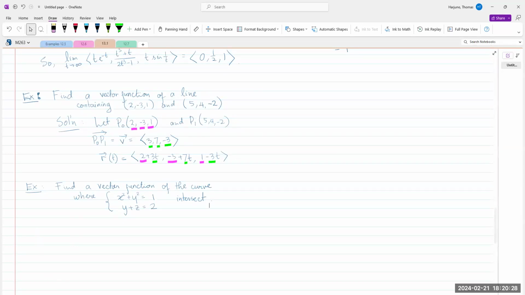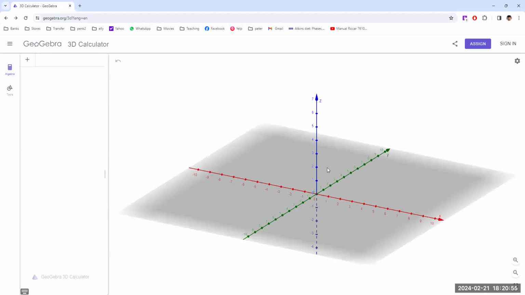Okay, now what I want to do for now, I will borrow from GeoGebra. Graphing calculator. No, this one. No, this one. I'm sorry. I go to GeoGebra and I will graph that first.